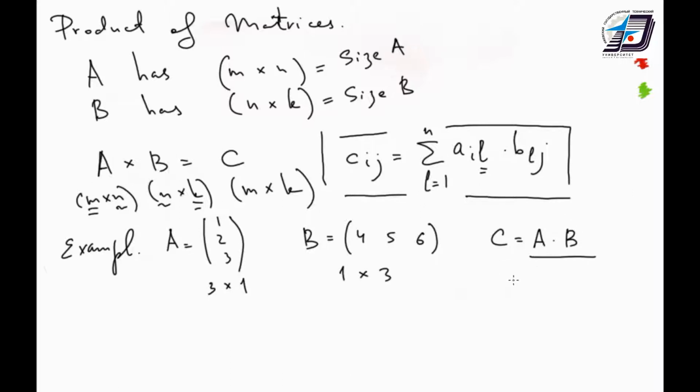Now the first step here is to define the size of the C matrix. If A is a 3 by 1 matrix and B is 1 by 3, we can say that for the C matrix we use these outer 3 and 3. Matrix C is size 3 by 3. So it has 9 elements.